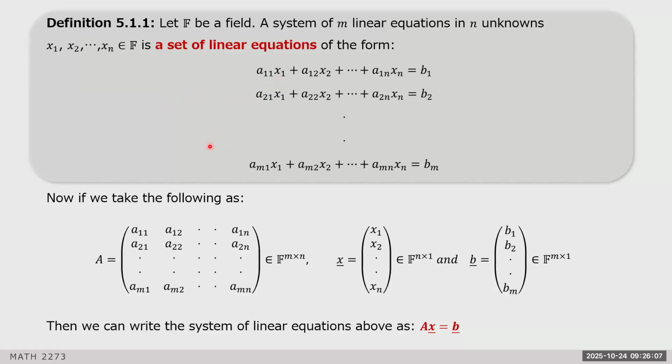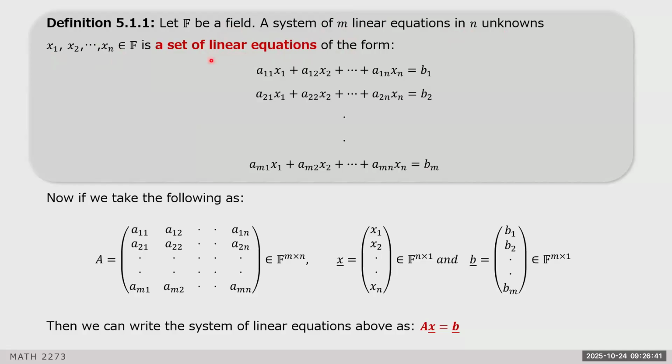Maybe later on, they taught you how to solve three equations and three unknowns. What we're going to do is look at how to solve m equations in n unknowns, and m and n may not be the same. Okay, so let F be a field. A system of m linear equations and n unknowns is a set of linear equations of the form.